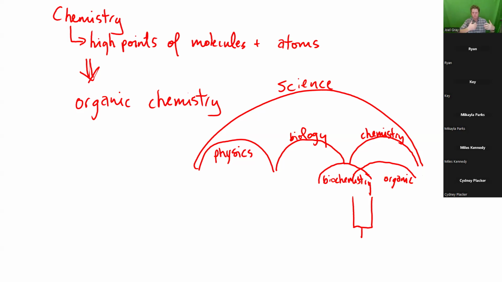There's some biochemistry and organic chemistry that overlap one another. Now, with that in mind, when you think about chemistry, there's fields underneath the chemistry umbrella. There's physical chemistry, there's nuclear chemistry, there's others, but there's organic chemistry and biochemistry.